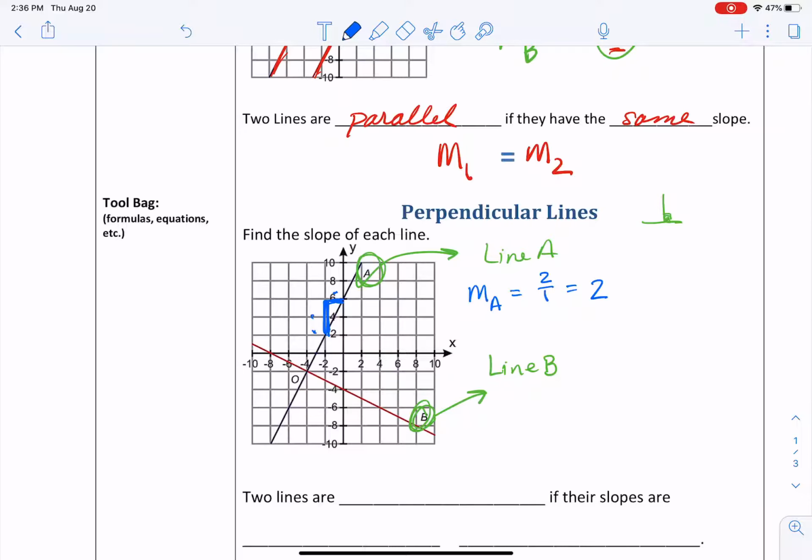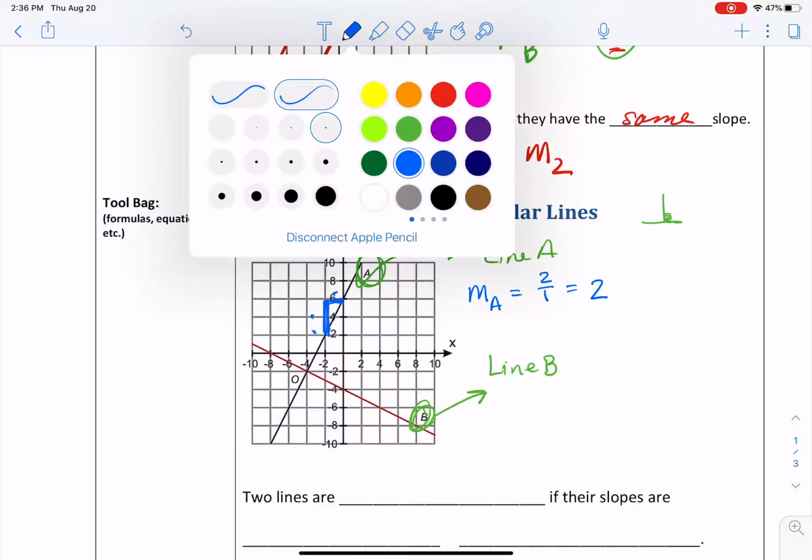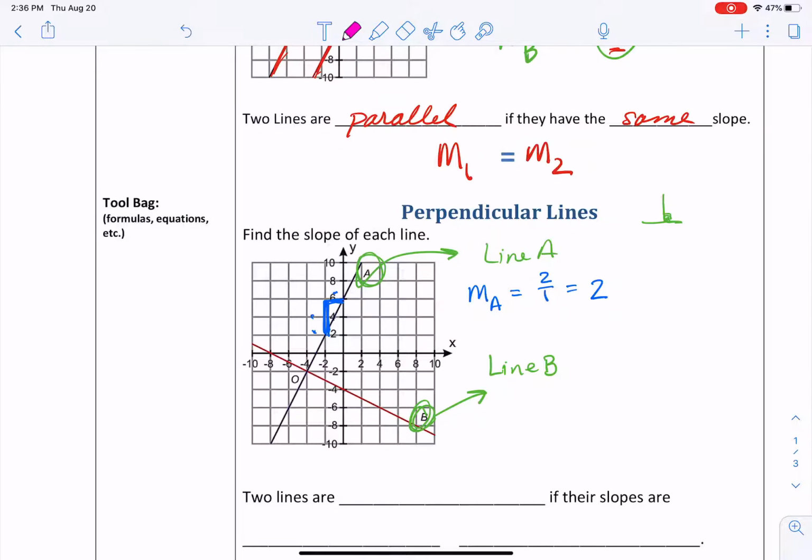But when I do line B, and we pick points again, so I'm going to draw my triangle down here. This time the slope of B is down 1, right 2, which is negative 1 over 2.